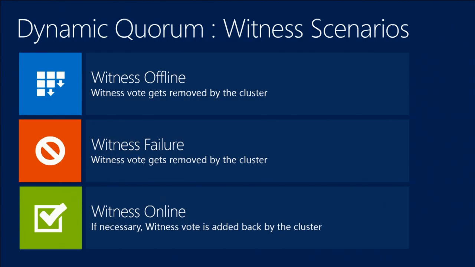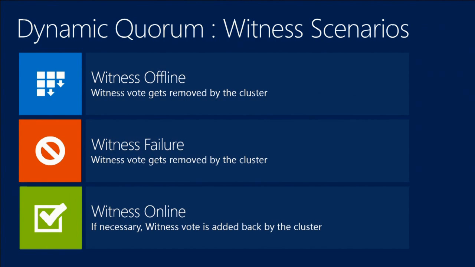This is irrespective of the state of the witness. But if the witness has actually failed, the cluster does remove the witness vote, irrespective of the count of the nodes. That's because if the witness has gone down, you don't want it to affect quorum calculations. And then there is the tiebreaker scenario that I will talk about in the next slide.